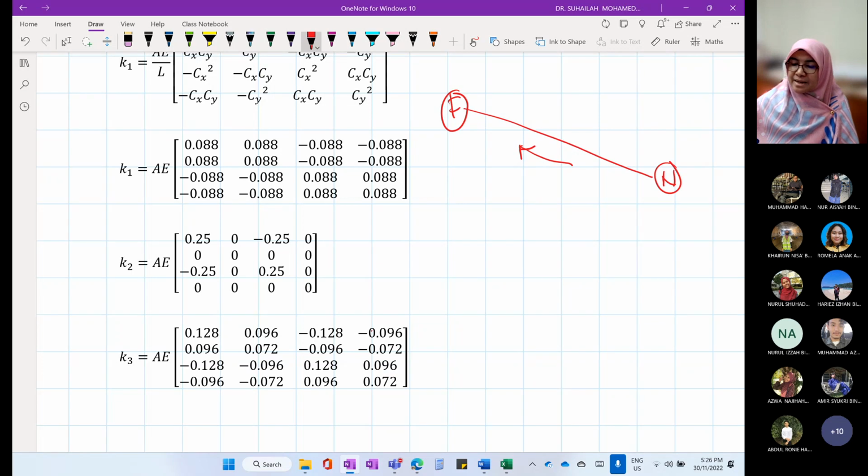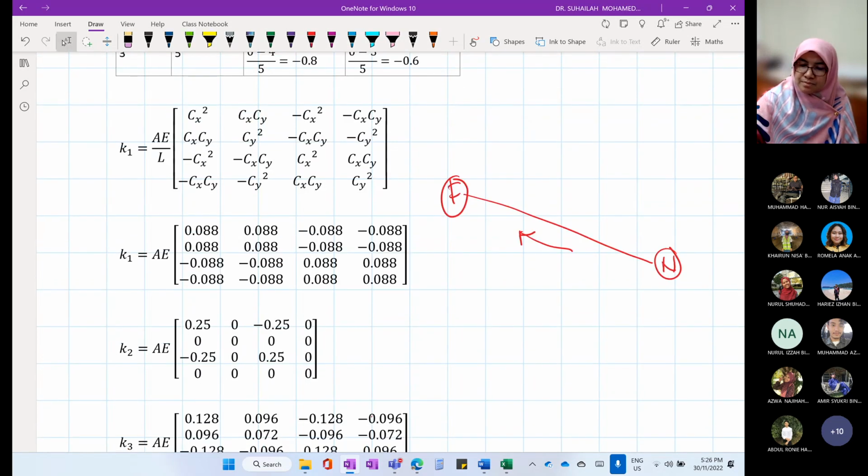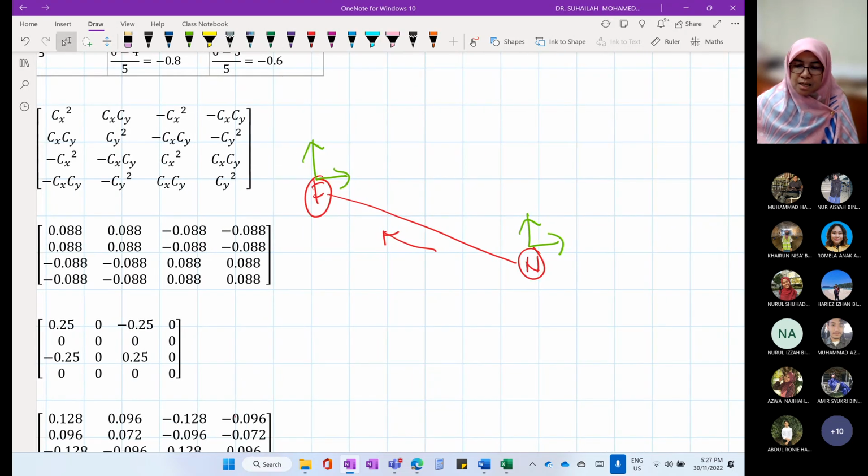For the degree of freedom for element number 1, start from near XY, 1, 2, to far XY, 3, 4. So we call the degree of freedom for K1 as 1, 2, 3, 4.